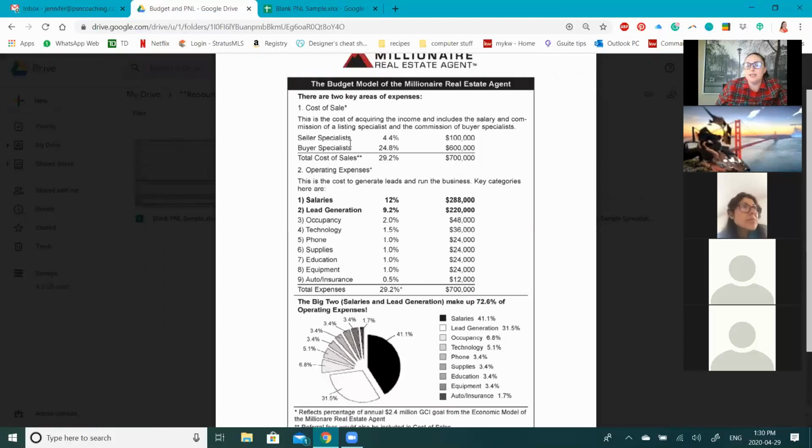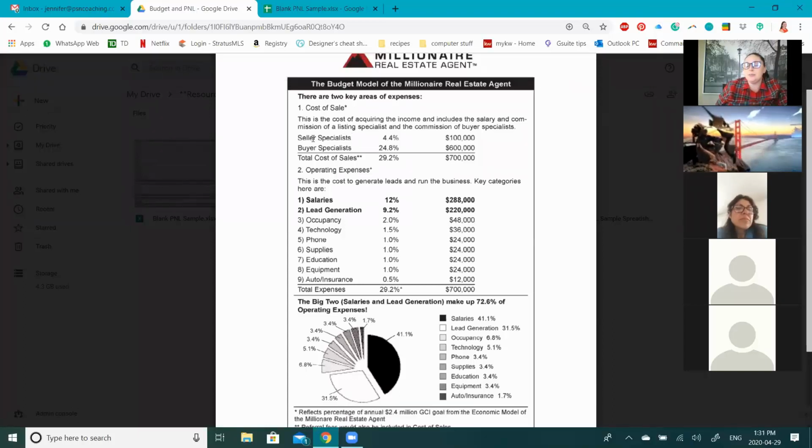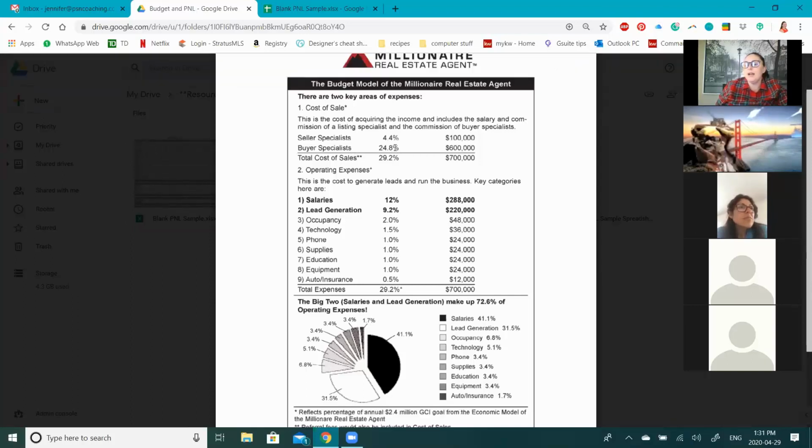So what they're saying is that the cost of sale is the cost of acquiring the income and includes the salary and commission of a listing specialist and a buyer specialist. So here's the deal. They're saying that a seller specialist should cost you about 5% because they're going to make about 100,000. And then the buyer specialists are running at 24%, and they're going to cost you about 600,000.